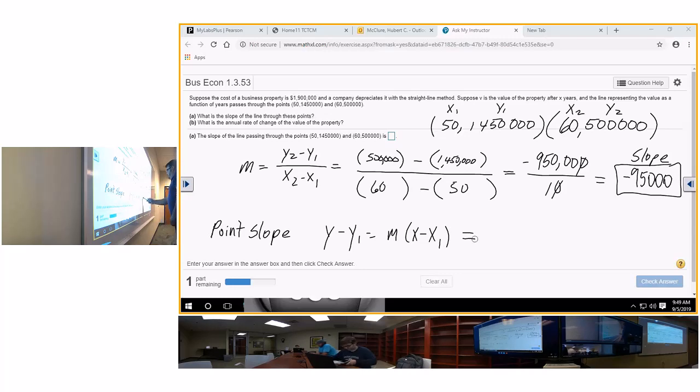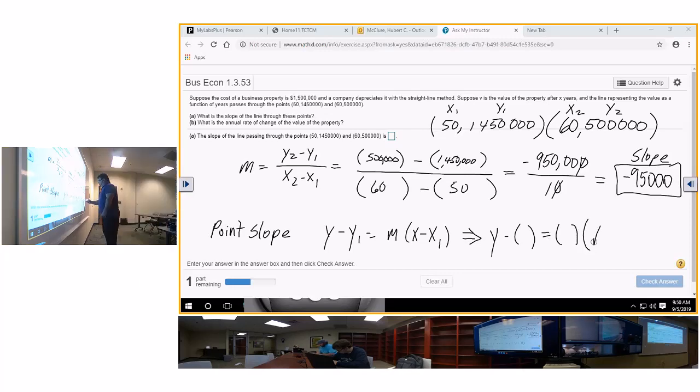To give me y minus parentheses equals parentheses times x minus parentheses. And this y is going to be 500,000. And this is going to be negative 95,000.